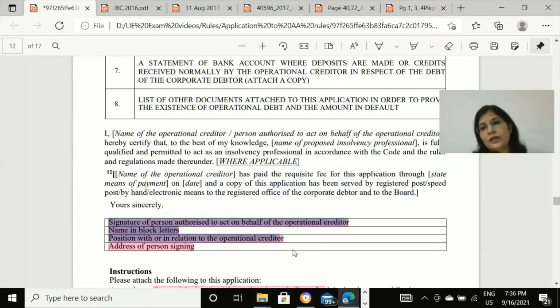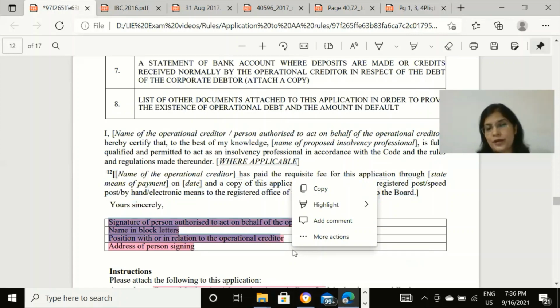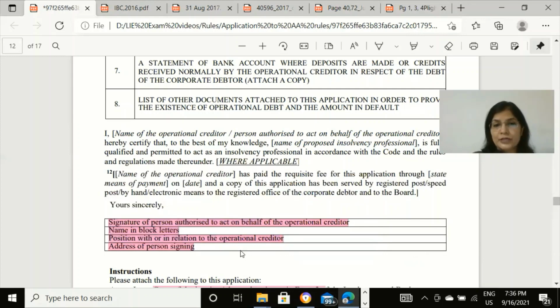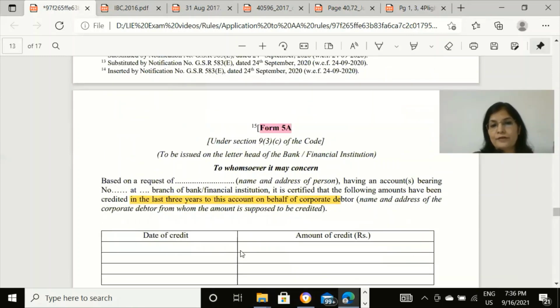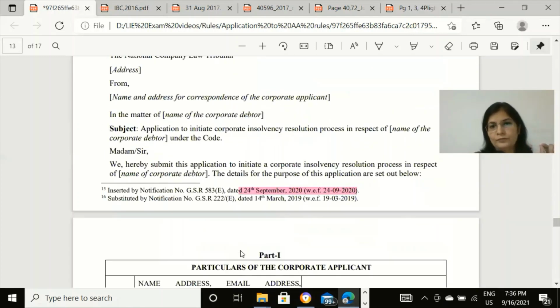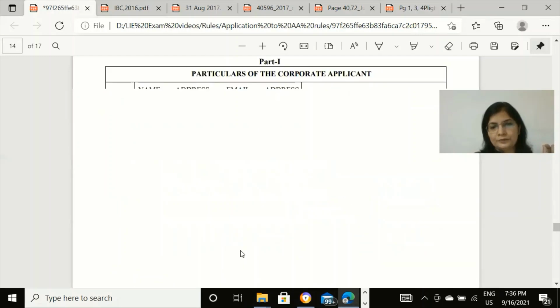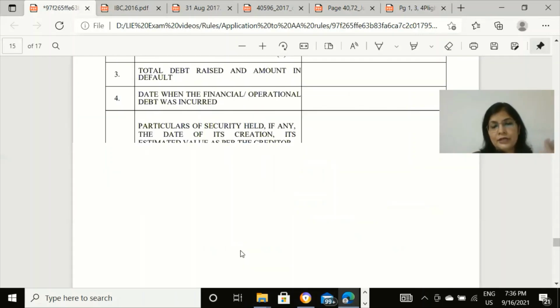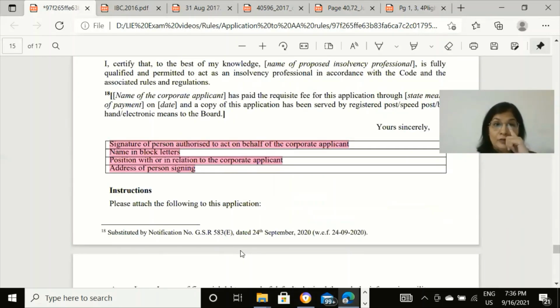So any person who is authorized to act on behalf of the operational creditor can go ahead with it. Remember, it is written in Form 6 also, that the signature of the person authorized to act on behalf of the corporate applicant is given, then he has to state the relation also.